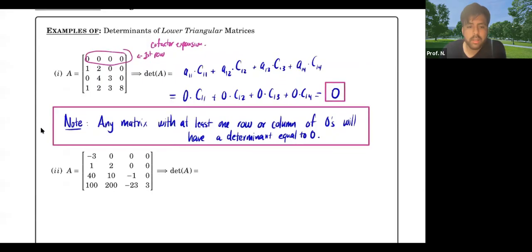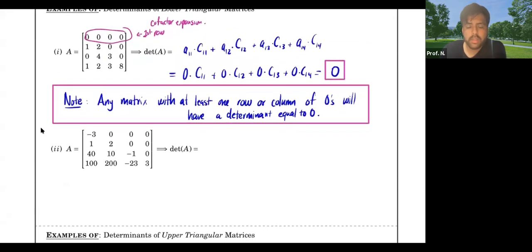So look at the second matrix. Which column or row would you use to perform cofactor expansion to find the determinant? There are two obvious choices here: you can use either the first row or the fourth column.